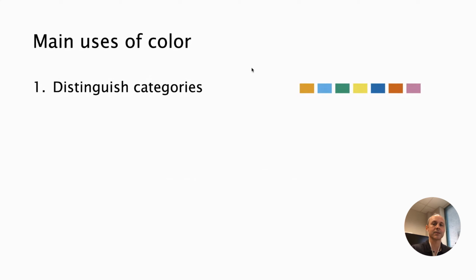So in data visualization, the first use is that you may want to distinguish categories. You have different things, say, different sports, cycling and running and weightlifting, and you represent each with a color. These are distinct categories. I'm showing you here on the right a little color scale as an example, and I'll go into more detail in a second.